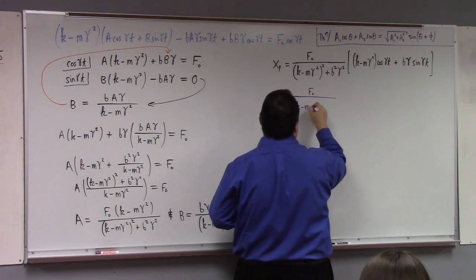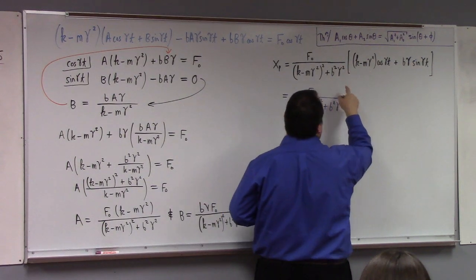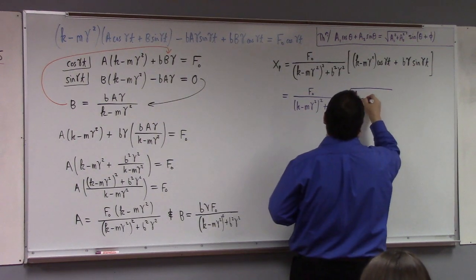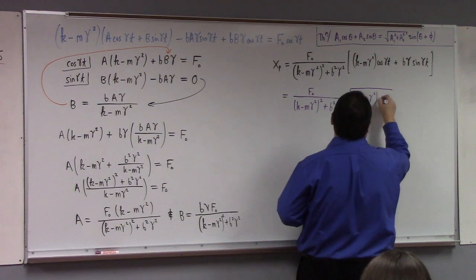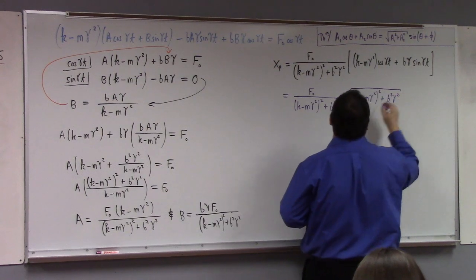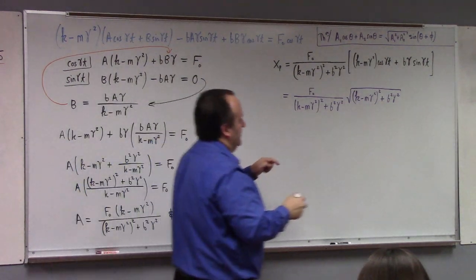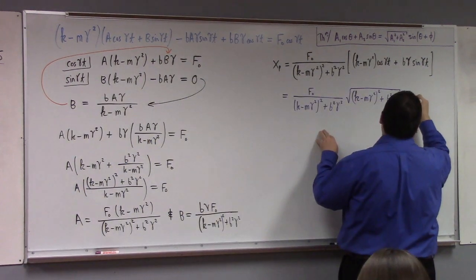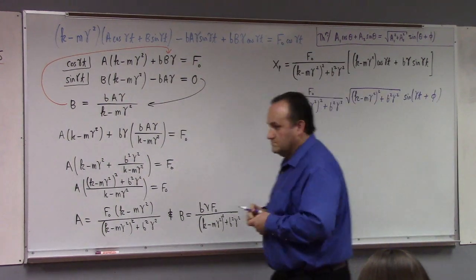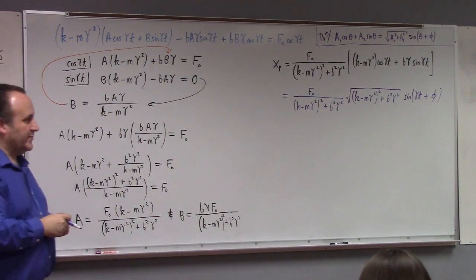Over (k minus m gamma squared) squared plus b squared gamma squared, and then the square root of this business here, (k minus m gamma squared) squared plus b squared gamma squared. Hey, that looks familiar. Oh, that's right, that's this. What do you know? And then sine of gamma t plus some phase angle, which we could find a formula for, but that's kind of beside the point here.